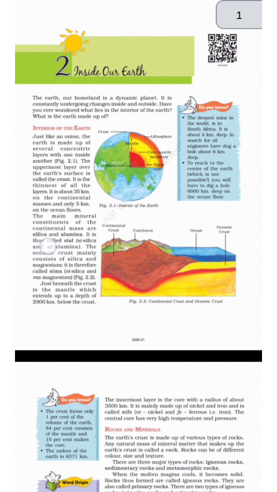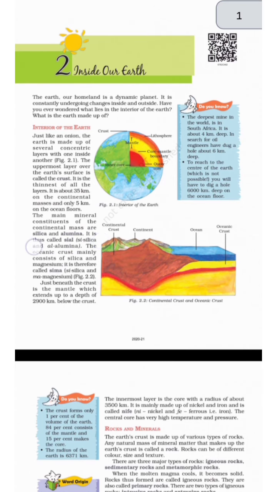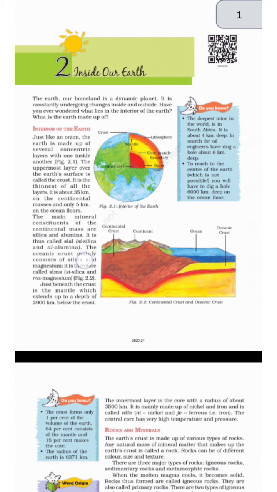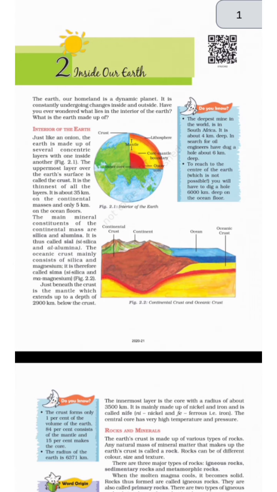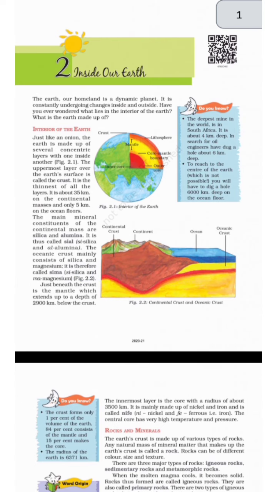It is thus called SiAl. Si for silica and Al for alumina. The oceanic crust mainly consists of silica and magnesium. It is therefore called SiMa. Si for silica and Ma for magnesium.